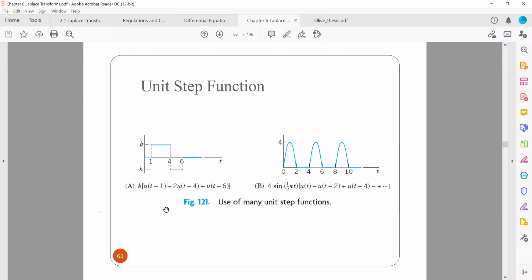So the wave will be there. At ut minus 6, another negative. Then I'll have 1 minus 1 plus 1 minus 1, which is 0. All you're doing is introducing either a positive 1 or a negative 1 at different time intervals.